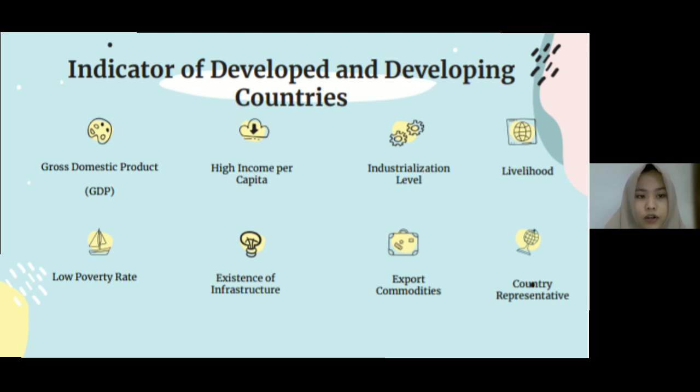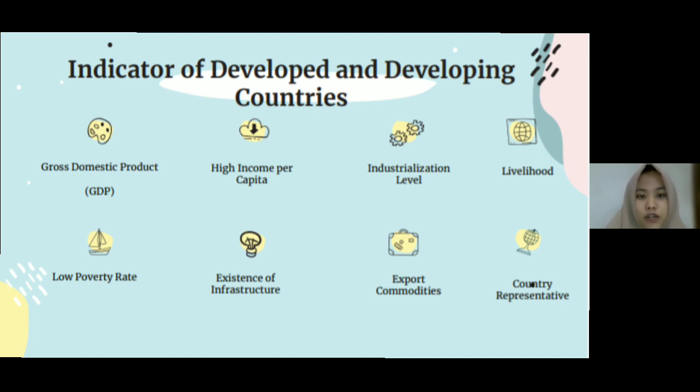Regarding the category of countries, economic growth is always linked to this issue. Economic growth refers to the achievement of a country because it says how far their market can produce goods and services in a certain period, which will affect the total amount of production of goods and services in a country, which allows GDP to be a benchmark for whether the country is developed or developing.